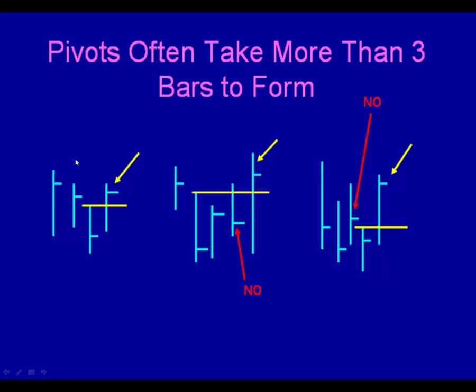In a case like this, the bar on the left-hand side becomes your signal bar or confirmation bar of a pivot. That does not necessarily mean it's your entry bar. Once the bar closes and forms a pivot, we're going to be looking to take out one of these prior highs here as an entry point.